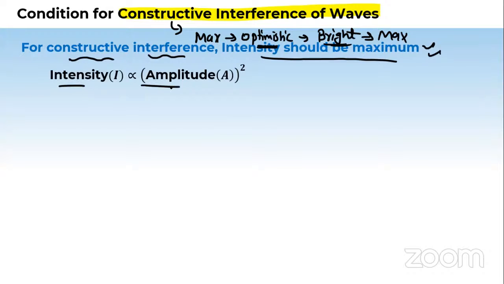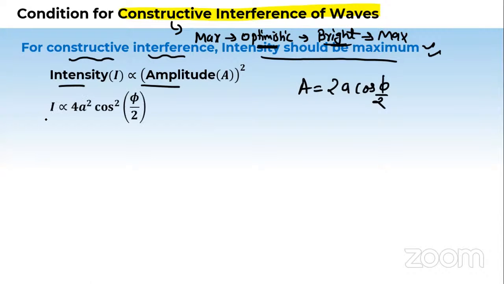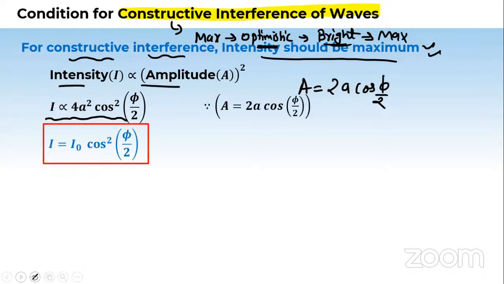We know intensity is proportional to amplitude squared. And amplitude from the previous equation we have found is 2a cos(φ/2). Any doubt? If you're facing any doubt, you can reply in the chat box. So intensity is proportional to 4a² cos²(φ/2).